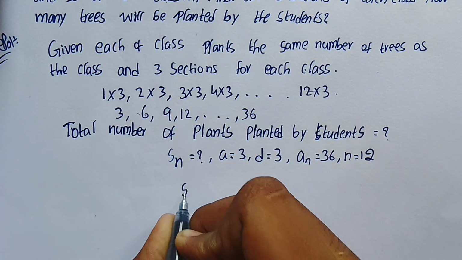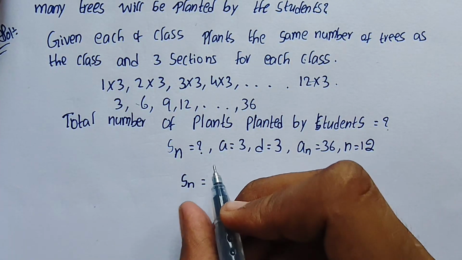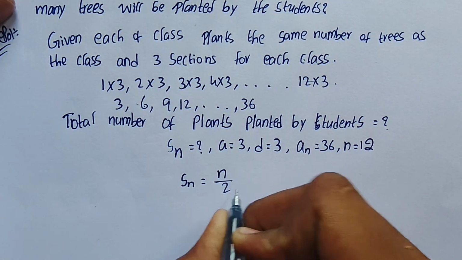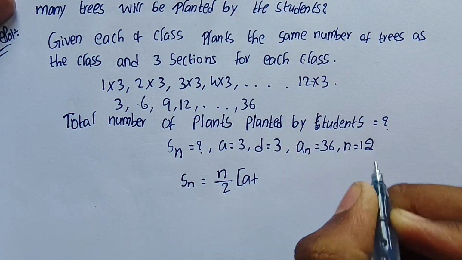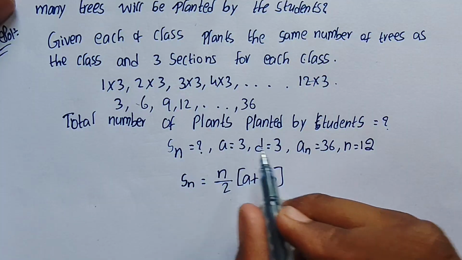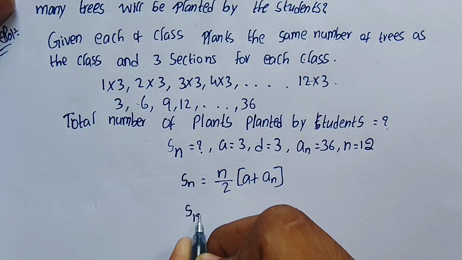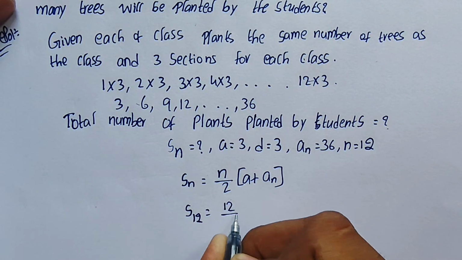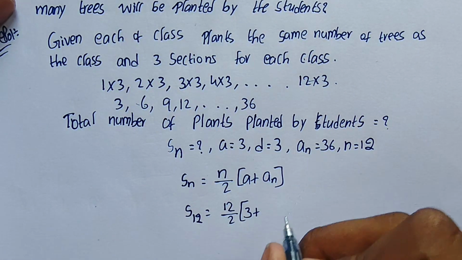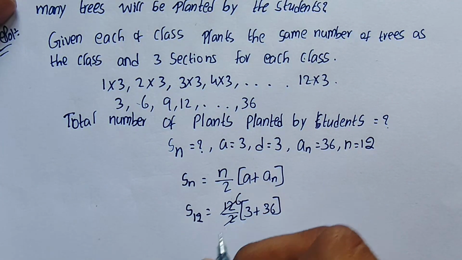So now let's go to find the value of S_n. The formula is n by 2 into a plus a_n, since we know the value of a and a_n. So S_12, the sum of 12 classes, equals 12 by 2 into the value of a, which is 3, plus the value of a_n, which is 36. Here 2 sixes are 12.